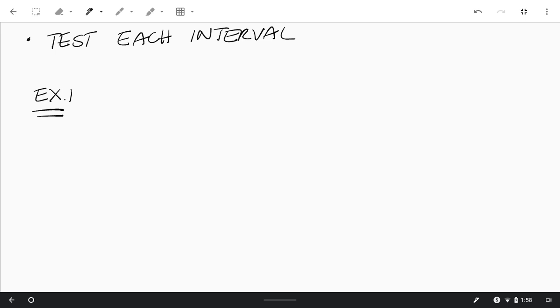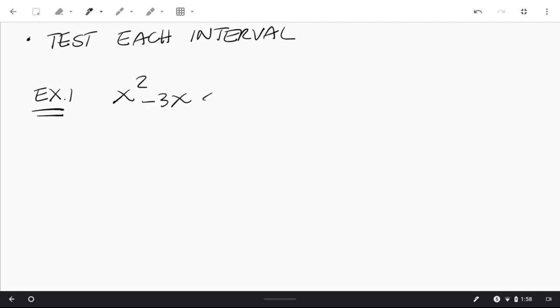Suppose that I have x squared minus 3x less than or equal to 18. Okay, so the first thing we want to do is set this to 0.